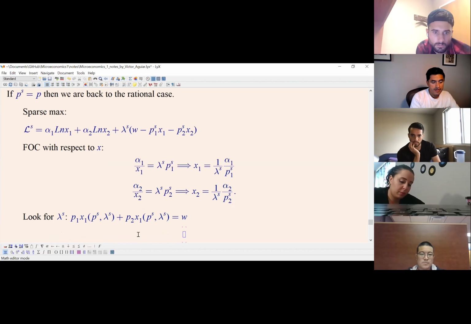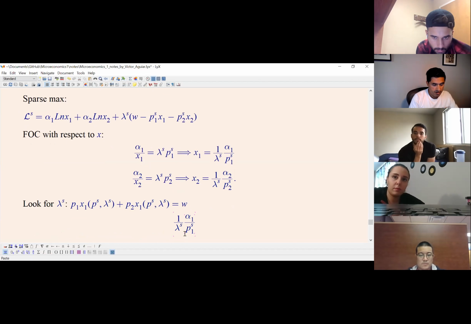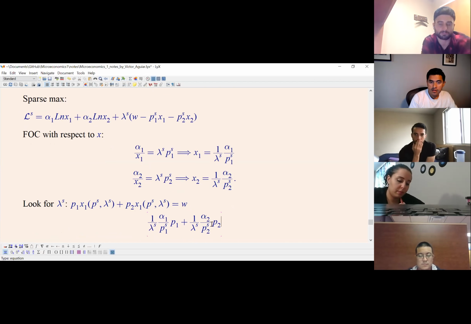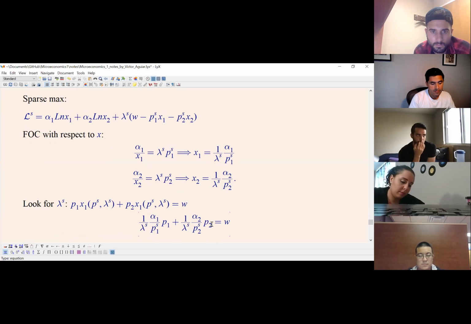So just apply it, and therefore I have the following. Take this object here, this is X1, and multiply it by P1. And then here I have the second object, and multiply it by P2, okay? And this is equal to what? To income, okay?